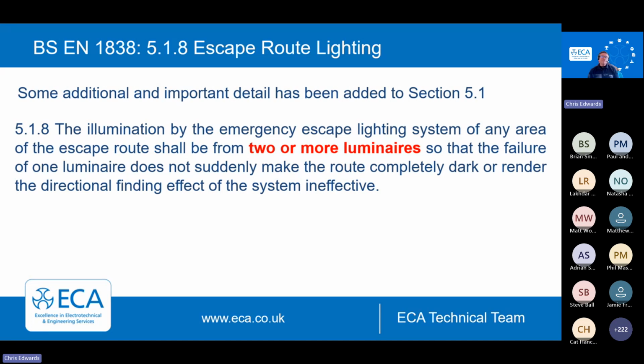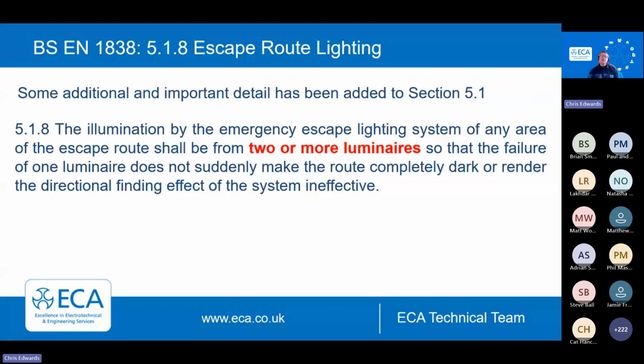This is a new bit. This is to do with, again, escape route lighting. So the scenario that we've just looked at, walking along the corridor, for instance. This now informs us that each part of the escape route must be lit by at least 2 luminaires.